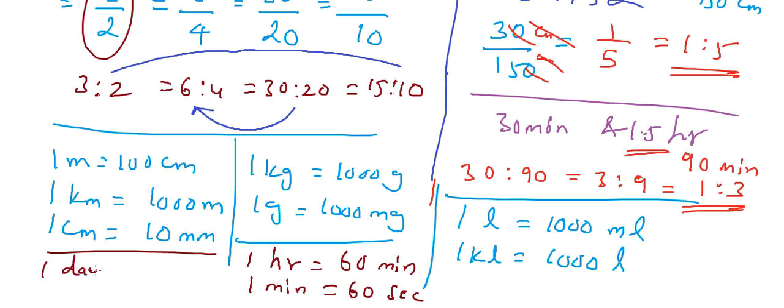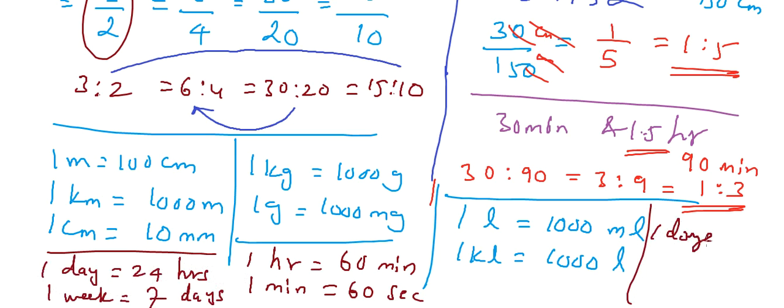Okay, and 1 day is 24 hours, and 1 week is 7 days. Okay, 1 dozen is 12 units, one score is 20 units.